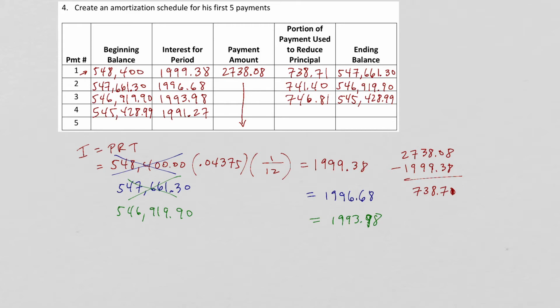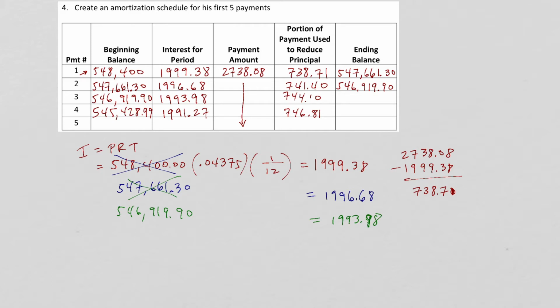Oh wait a minute, I made a mistake here. I was looking off of solutions that I had already done. This amount here should have been 744.10. Okay, anyway, sorry if that confused you. And this amount was also incorrect.